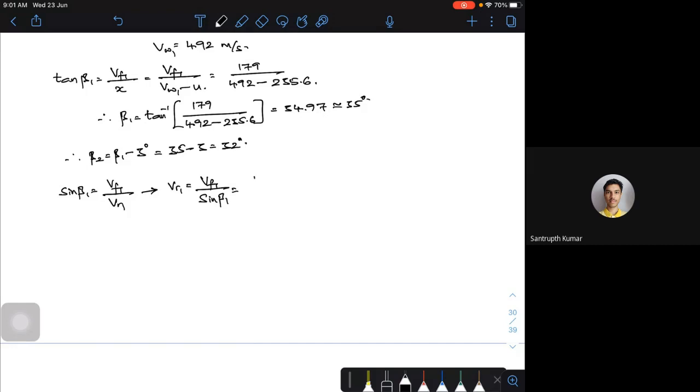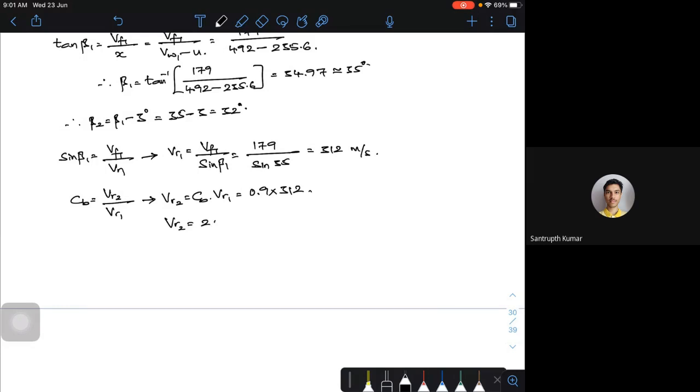VF1 we have found as 179, divided by sin of beta 1, which is 35 degrees. If I substitute, I am getting roughly around 312 meters per second. Now it is given in the problem that friction factor CB is equal to VR2 by VR1, or I can write VR2 is equal to CB times VR1, that is 0.9 times 312. So I am getting VR2 roughly around 281 meters per second.